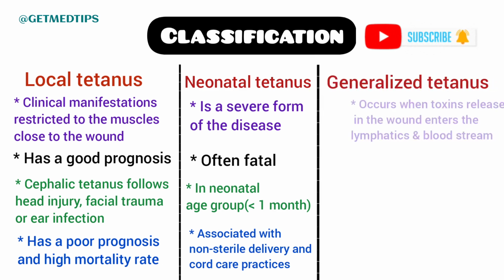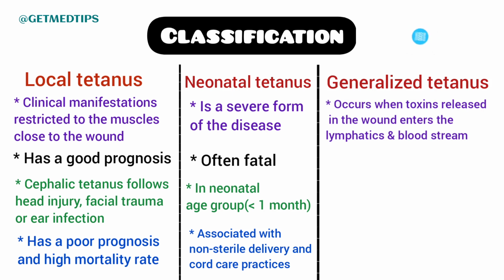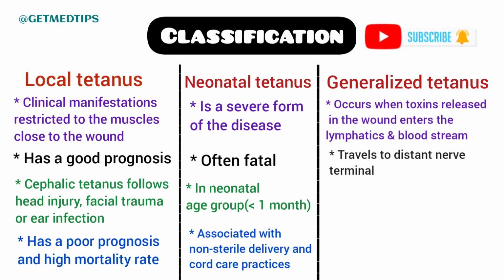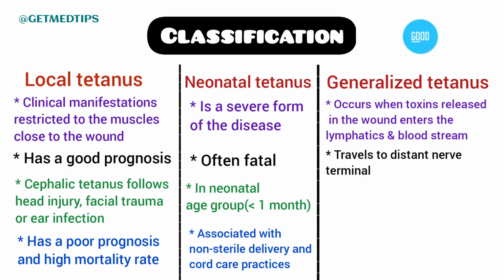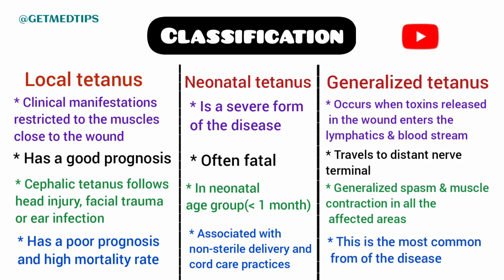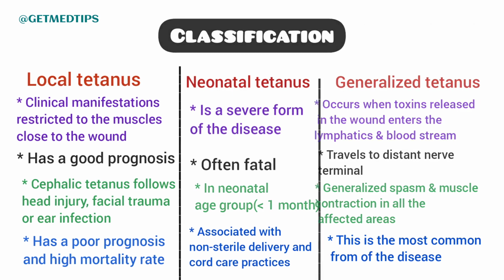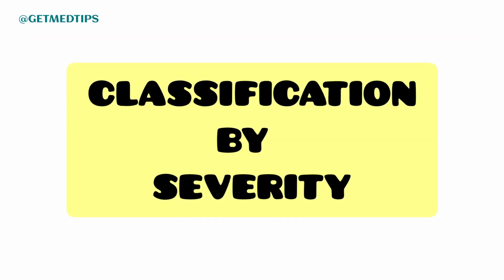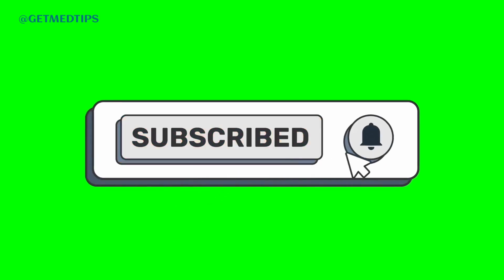Generalized tetanus occurs when toxin released in the wound enters the lymphatics and bloodstream and travels to distant nerve terminals. There is generalized spasm and muscle contraction in all the affected areas. This is the most common form of the disease. There is also a classification by severity. We will talk about that after going through the clinical features.